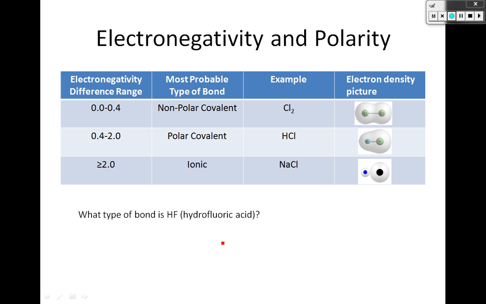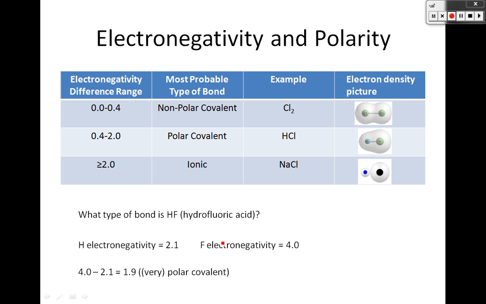So here's an example. What type of bond is hydrofluoric acid, HF? So go ahead, look at your electronegativity chart and determine that. So you should have seen that hydrogen has an electronegativity of 2.1. Fluorine has an electronegativity of 4. If you didn't see that, please look at your chart.